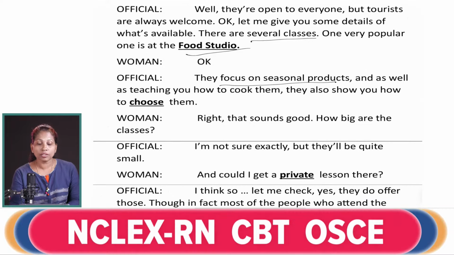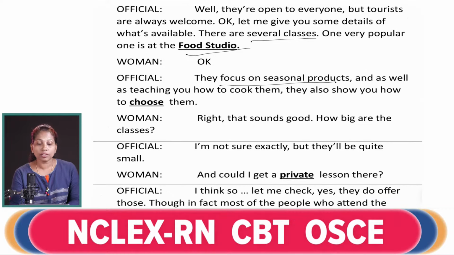So the answer for that blank will be choose, C-H-O-O-S-E. How to choose and cook with seasonal products. Logically what is given there is the same as what the table says. So that is choose. Okay, so the focus is done.